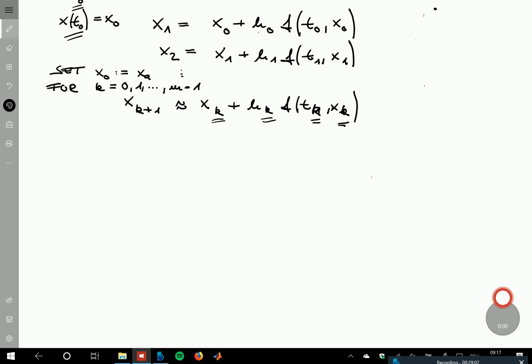Then you get a list of numbers, x1, x2 to xm, which are the values that you assume for your t1 to tm, given t0. And you compute them based on this algorithm.